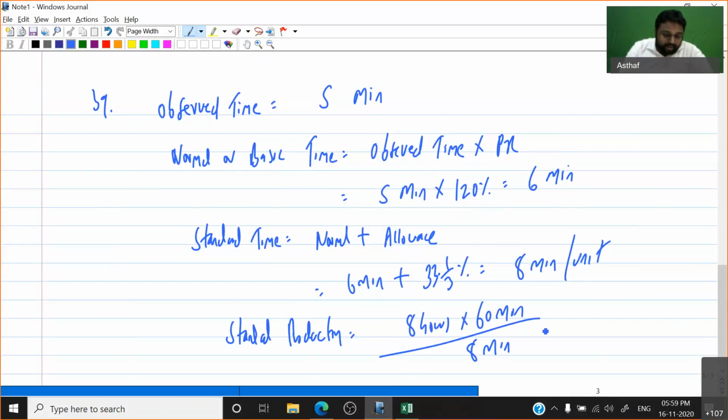Divide by 8 minutes, you will get the units. What is the 60? The 60 means minutes in an hour. So 8 hours into 60 minutes, 480 minutes, divided by 8, you will get 60. You can take a photo.